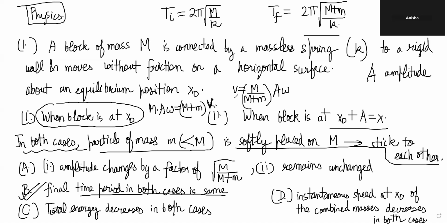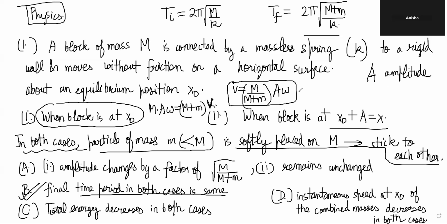So we have half k A square. The new amplitude, see, usually the velocity is connected to amplitude square, right? Actually, no, velocity is proportional to amplitude. So the energy is half k A square, and now the maximum velocity is this.